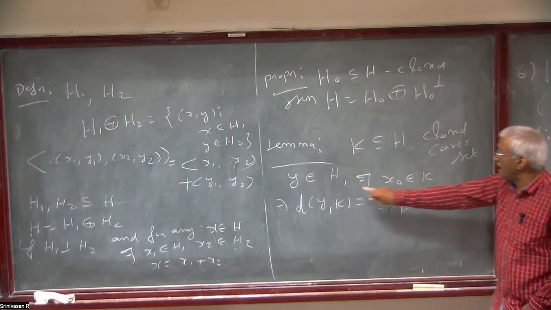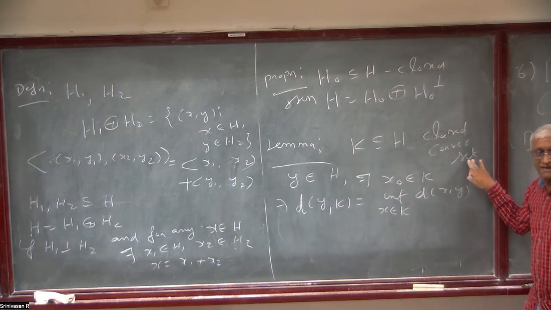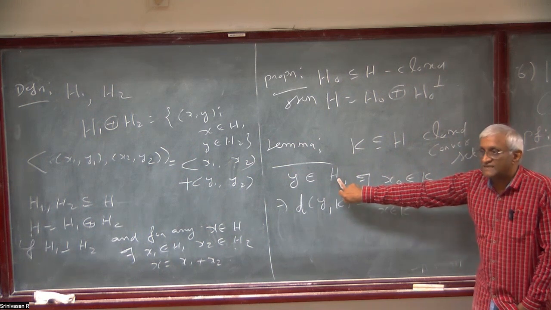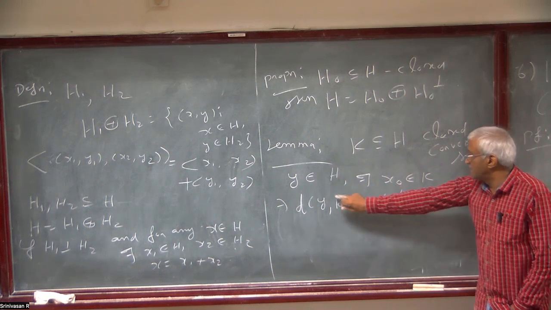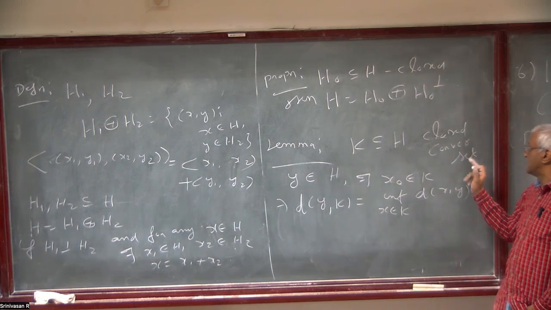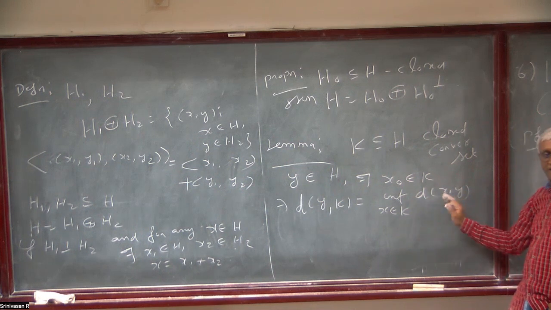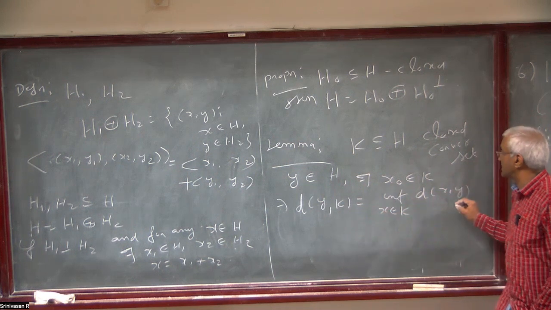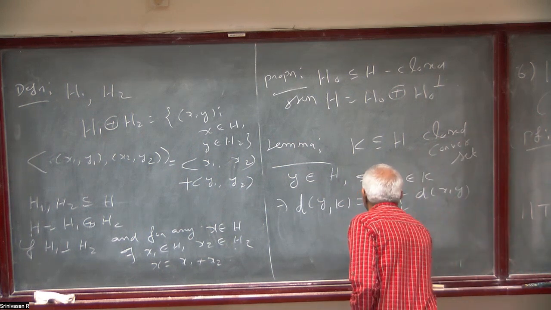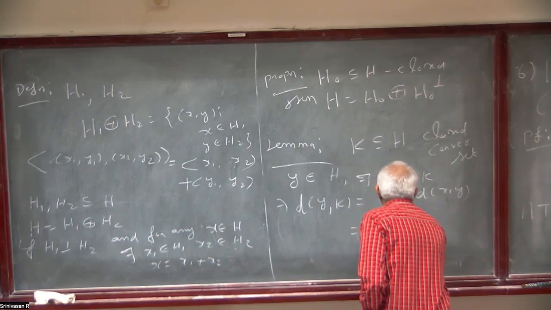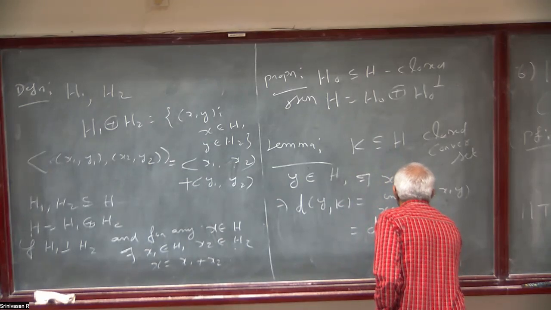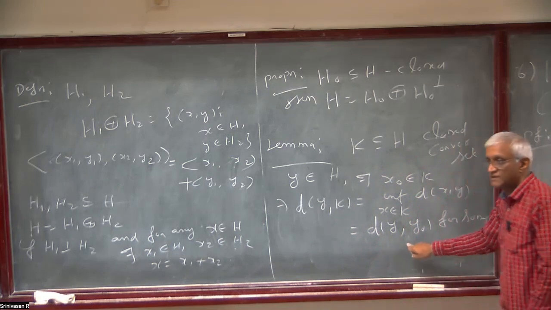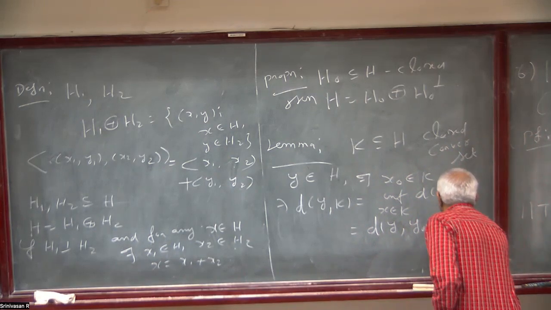The distance between y and a closed convex set K is defined with the infimum. Okay. And that infimum is attained at some point, equal to d(y, x naught). This is the statement.